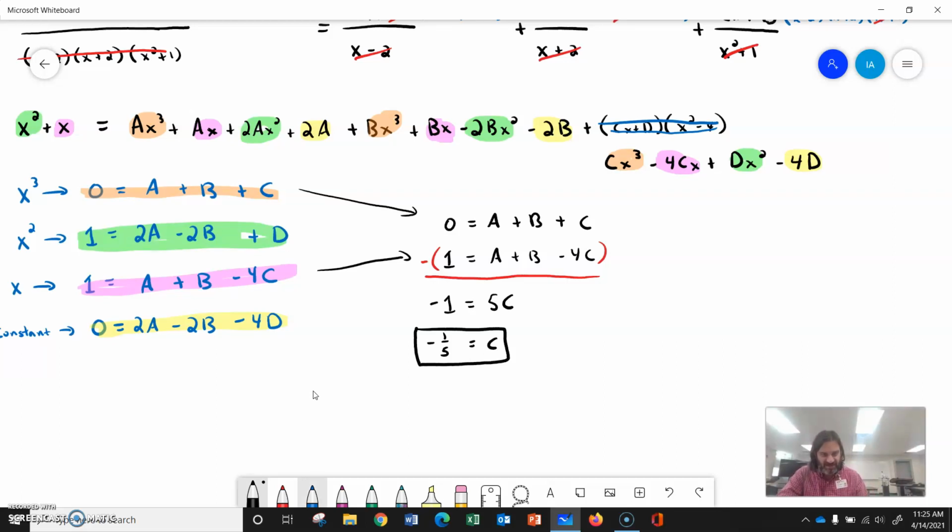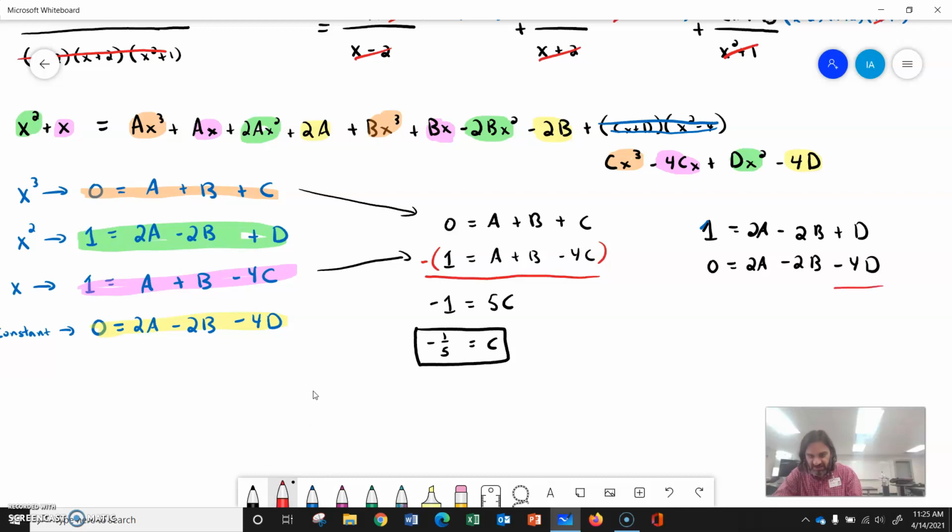So if I look at the second and third equation, let's use black again, I'm sorry. 1 equals 2a minus 2b plus d, and that will be the fourth equation, 0 equals 2a minus 2b minus 4d.